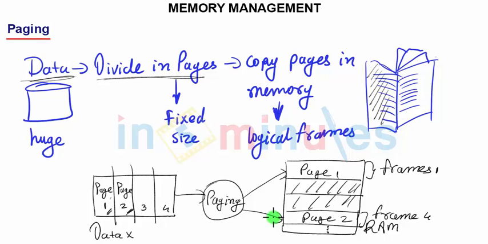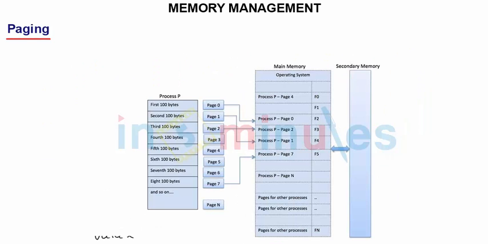Now let's understand this with a proper diagram. Consider a practical example: we have process X. That process has created pages, page 0, page 1, page 2, page 3, page 4, 5, 6, 7 up to n.